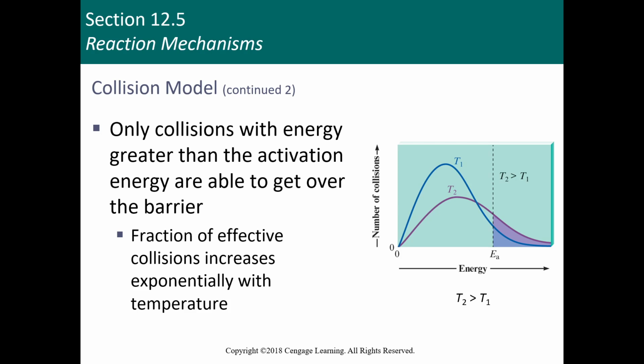Now, you will notice that if you look at these temperatures, the higher the temperature, the larger the number of molecules that will overcome this activation energy. This is an exponential increase.